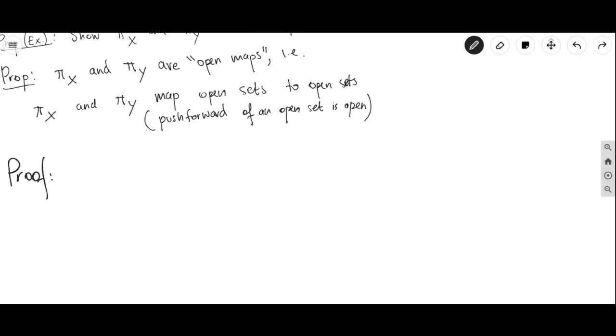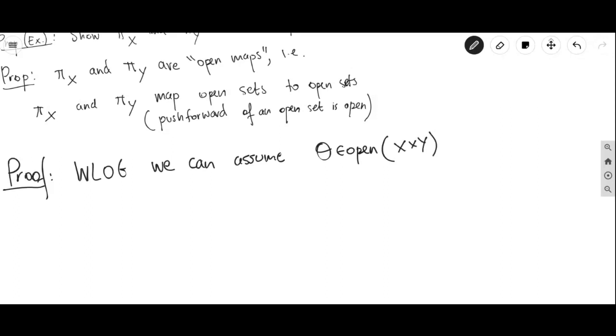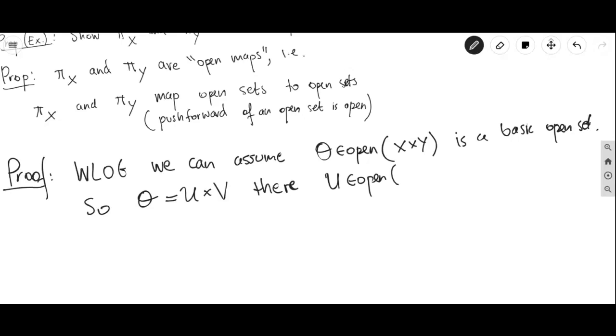Without loss of generality, we can assume that O, which is our open subset of the Cartesian product, is a basic open set. I leave that up to you. So O is of the form U times V, where U is open in X, and V is open in Y.